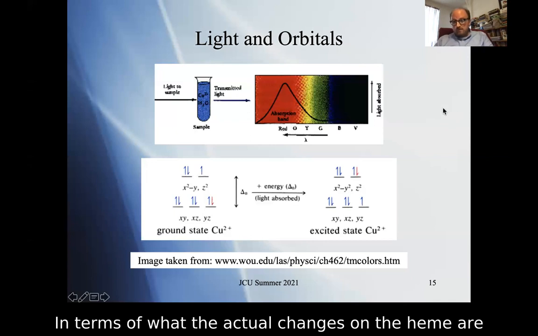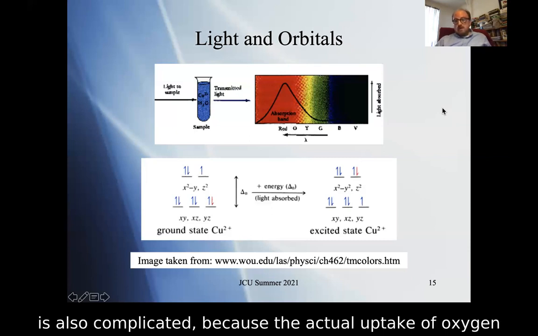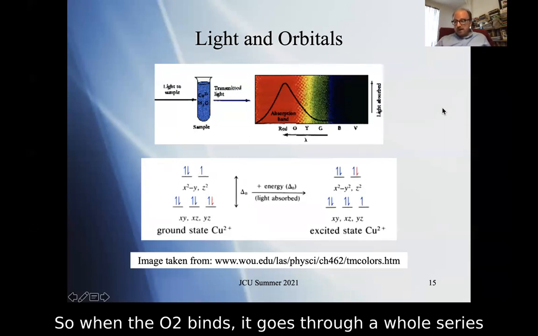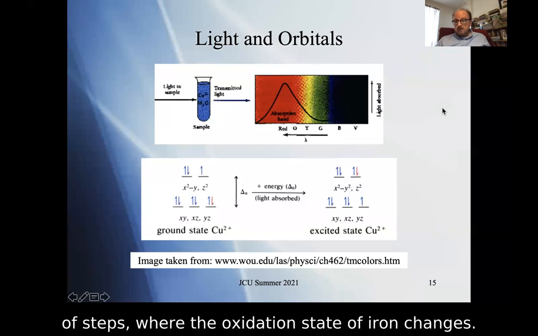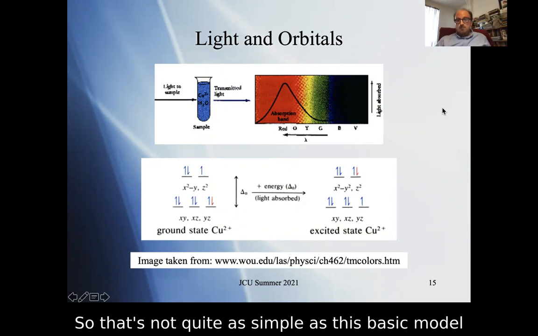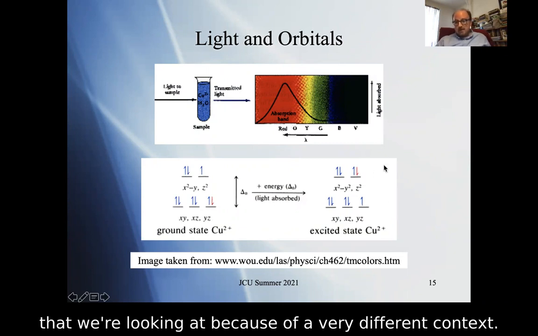And what the actual changes on the heme are is also complicated because the actual uptake of oxygen is a redox process. So when the O2 binds, it goes through a whole series of steps where the oxidation state of iron changes, and the oxygen is also carried along into other molecules. So that's not quite as simple as this basic model that we're looking at, because of a very different context.